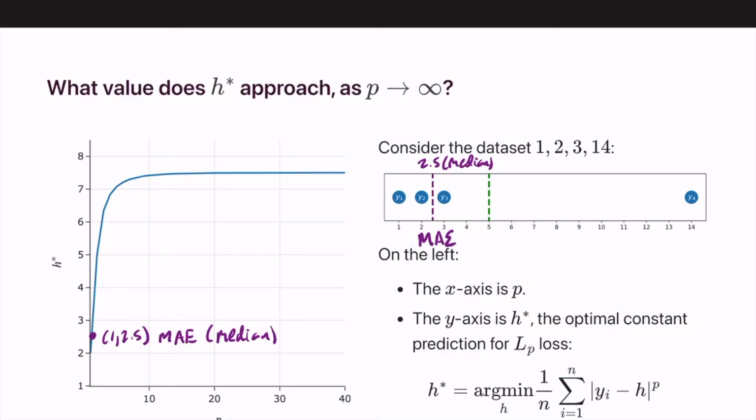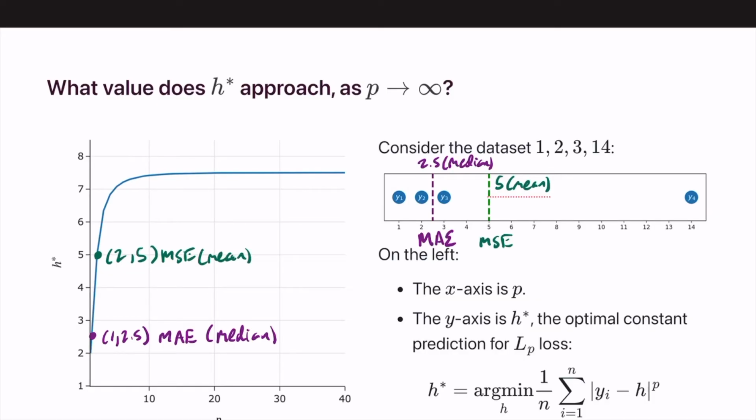So here we have mean squared error, which is 5, or the mean. And if we go over to 2, and we go up, we see we're right here. This is 2 and 5, and that's the mean squared error, which is the mean.